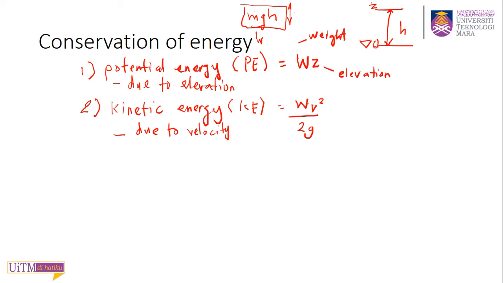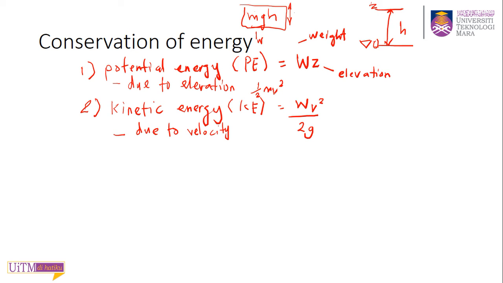So before this, when you learned in school, the common equation is half mv squared. Is it true? Betul tak? Betul, sir. So then don't get confused. It's just the same thing. Half mv squared.